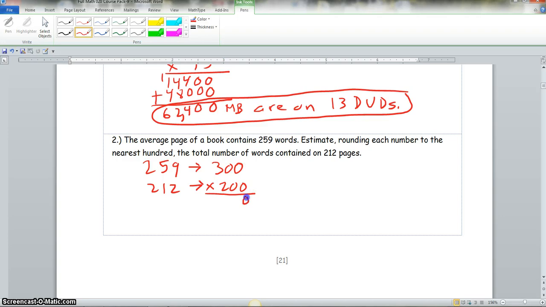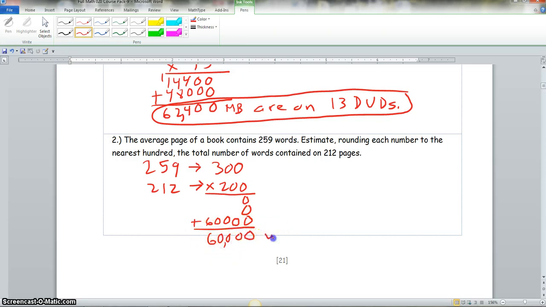And we multiply these values. So we know we will have 0. We will have 0 here. We'll put 2 zeros here. 2 times 0 is 0. 2 times 0 is 0. And 2 times 3 is 6. So we have 0 plus 60,000, which is just 60,000.